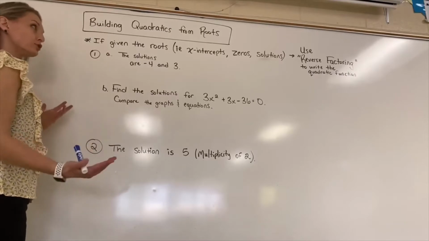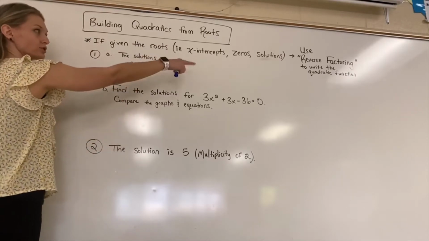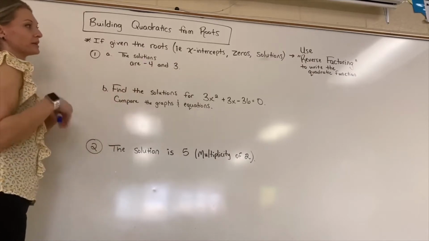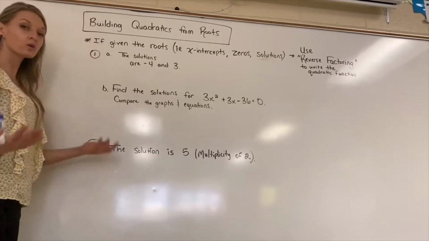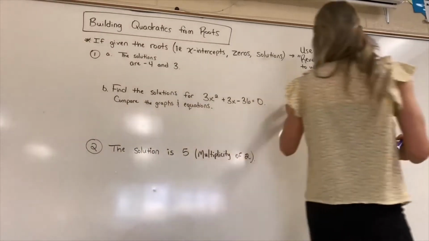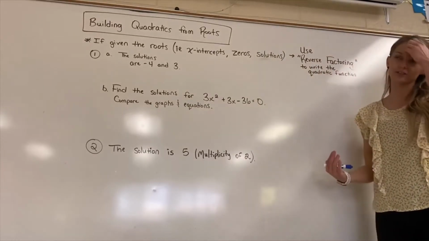So to be able to do that, if you are given the roots or the solutions or the x-intercepts of the quadratic, and you are being asked to write the quadratic equation or the quadratic function, you are actually going to be doing what's called kind of reverse factoring. Think about factoring.